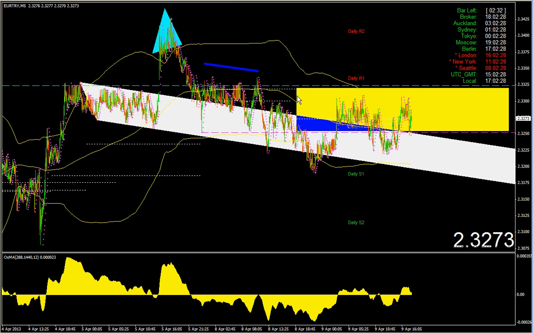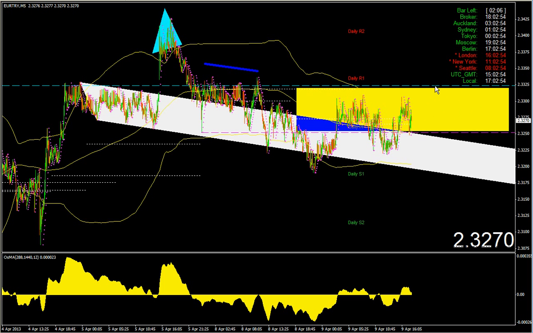Since yesterday, 18 o'clock Central European time, I've had this idea to trade this cross rate, and I'm waiting for it to come back into the sideways trend. I would even use the monthly pivot line 2.3324 and the weekly pivot line 2.3252 as an entry, as a neutral yellow area.